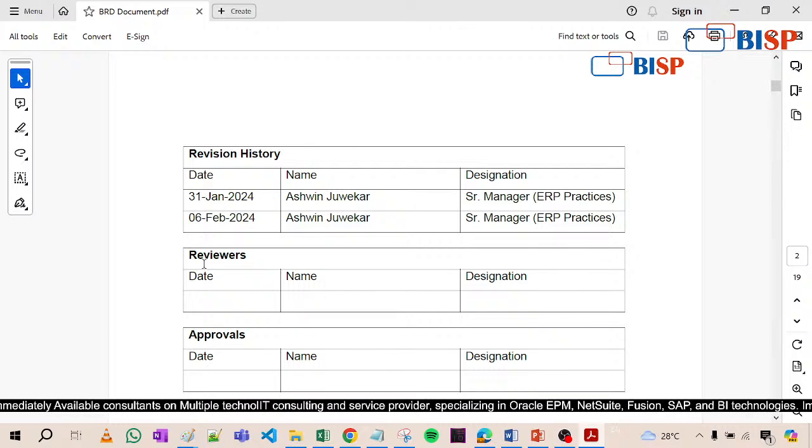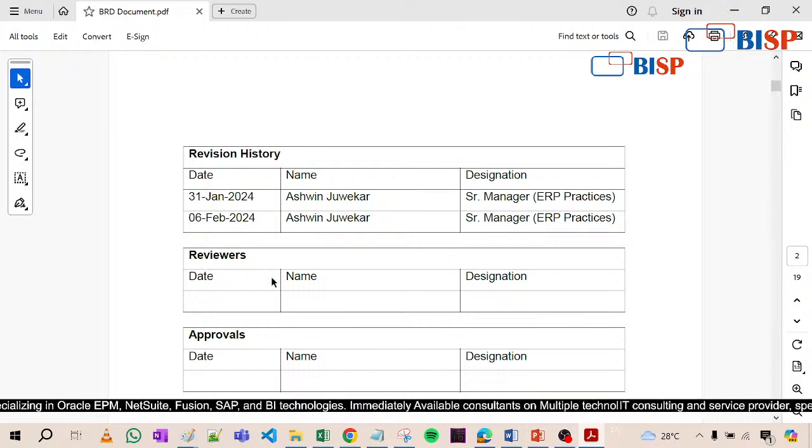This is also most important, because suppose your projected deadline is 6 months, but the project ended in 9 months. So the client will ask you why it took so much time. In that case, we can show that requirements changed each and every time, so that is why it was revised. So we can show them the revision history also.